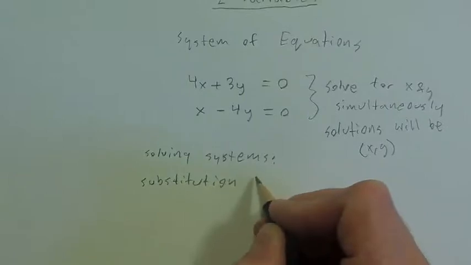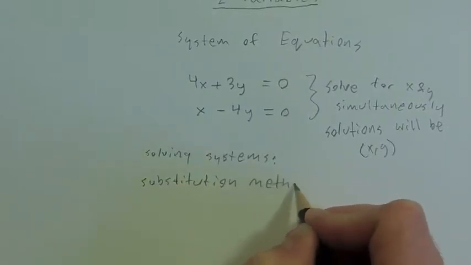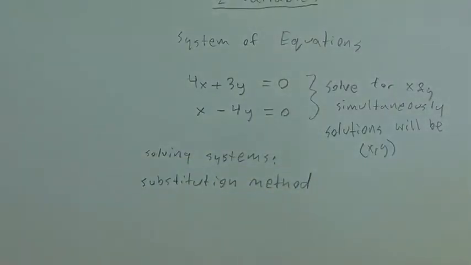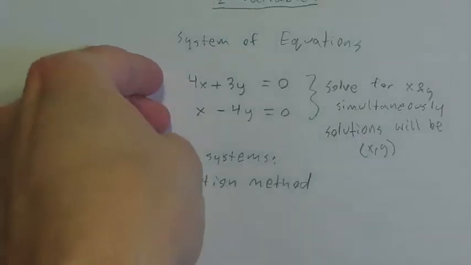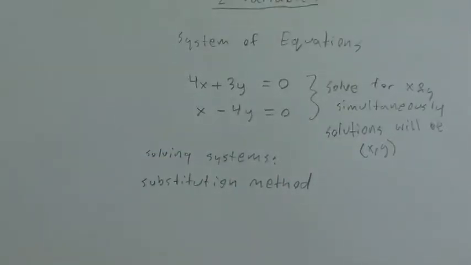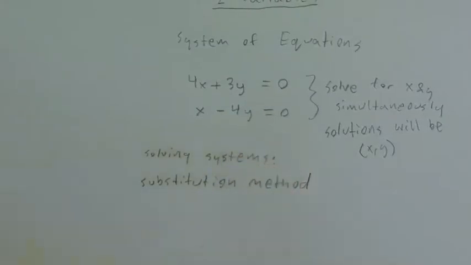Now, I'm fairly certain that these kind of problems you all have seen before in some sort of way or another, where you have, say, two equations that you're dealing with, and what you do is you solve one equation for one of the variables and then plug what you have into the other one.